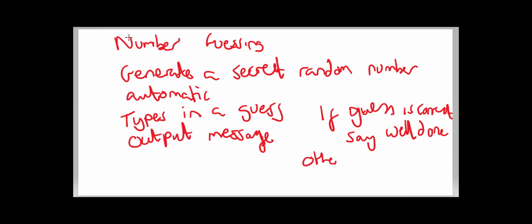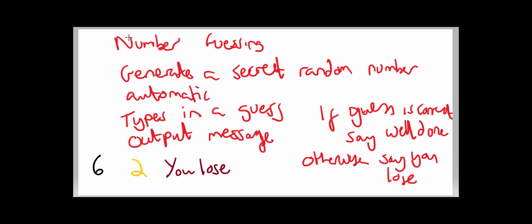Otherwise, say you lose. So to act this out, let's imagine that the computer's randomly got the number 6. We ask the user to enter in a number and they type in 2. It's going to output at the end, you lose. They don't match.